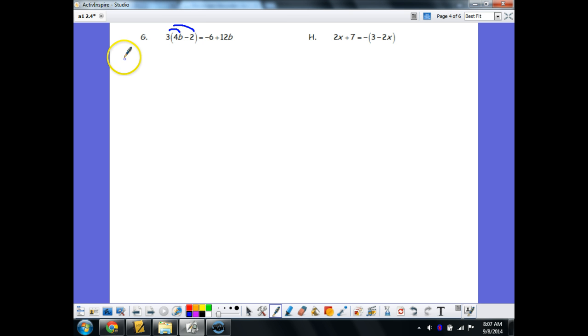When we distribute that 3, we have 12b minus 2 is equal to negative 6 plus 12b. Several of you have caught that already, I hope. I forgot to multiply the 3 times negative 2 to get negative 6, and that is a very common error. So that is the distributive property.